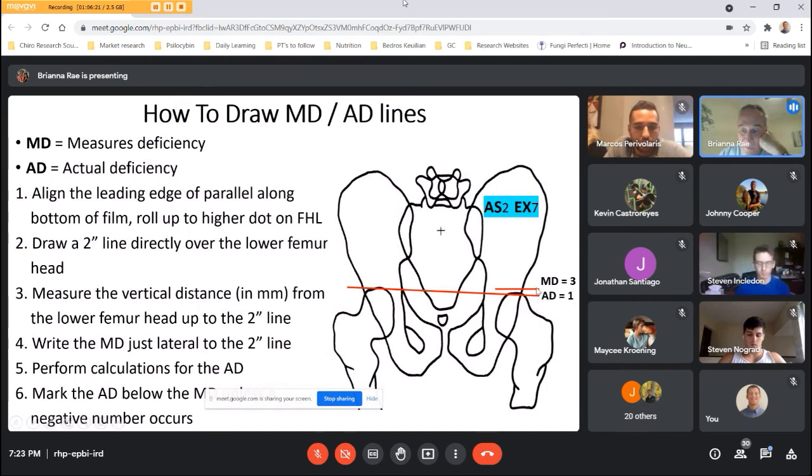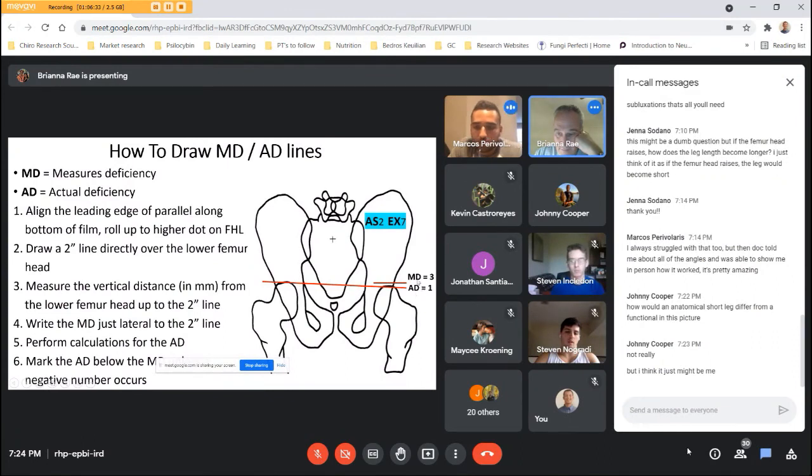So do you understand what MD is? Measure deficiency, right.